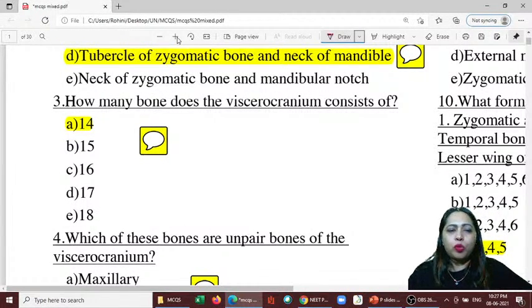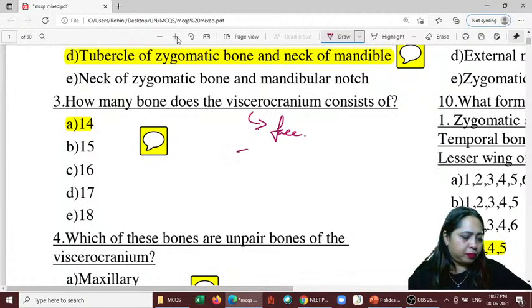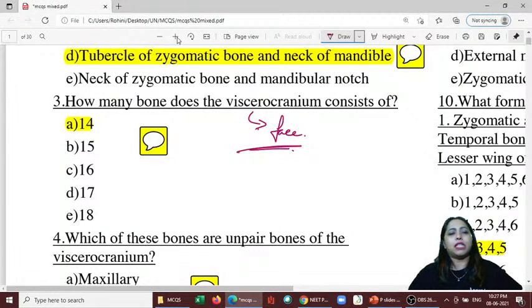How many bones does the viscerocranium consist of? Viscerocranium is the one which is on the face. How many bones does it have? If you count the bones, you have the facial bones, the nasal bone, lacrimal bone, mandible on either side.